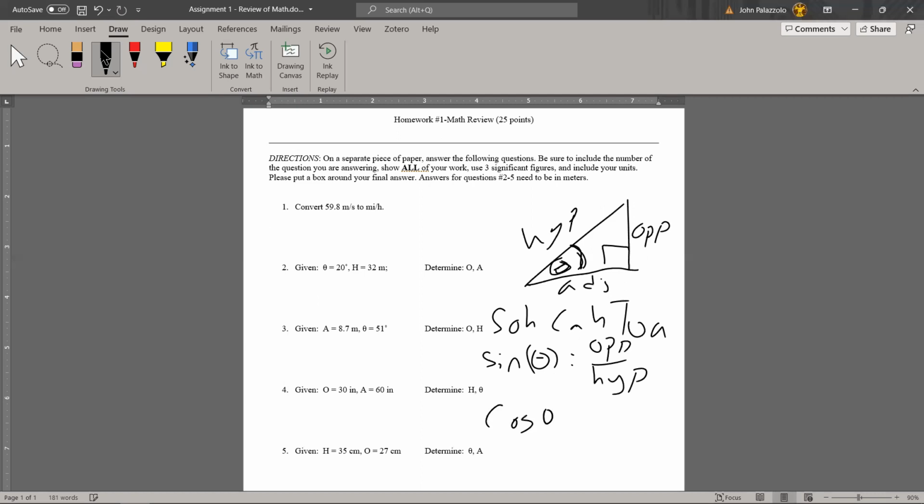Cosine of theta is equal to the adjacent side over the hypotenuse. And tangent of theta is equal to the opposite side over the adjacent side. You can use those to solve almost all of these questions.